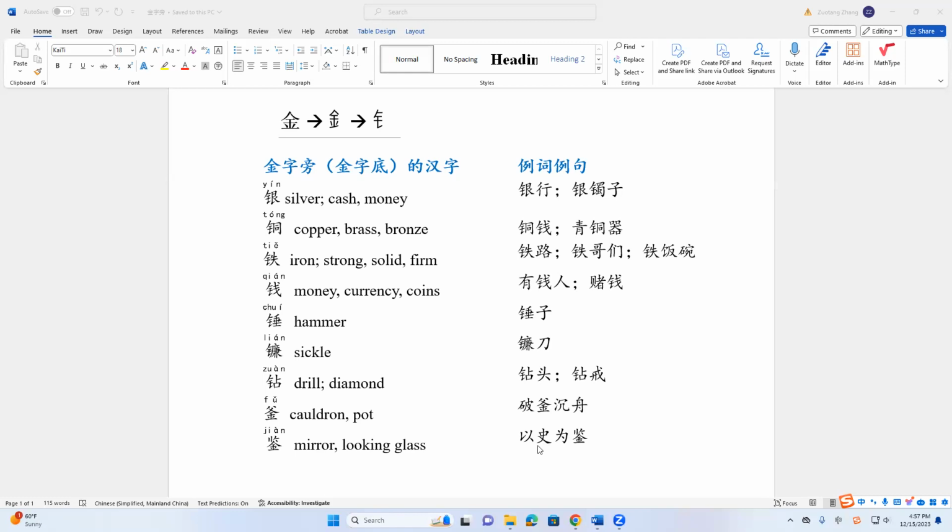That's why human beings have short memories, and it's always hard for people to learn the lessons from history. Anyway, the idiom is very useful. 以史为鉴. 我们应该以史为鉴 means that we should use history as a mirror.